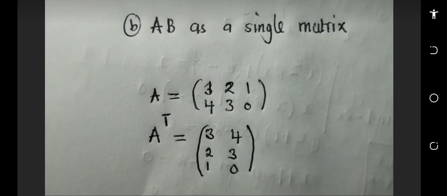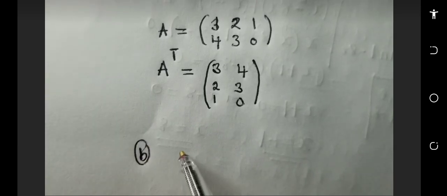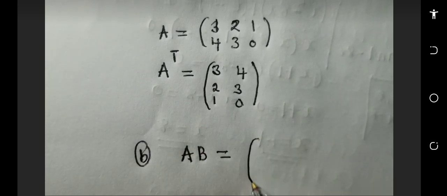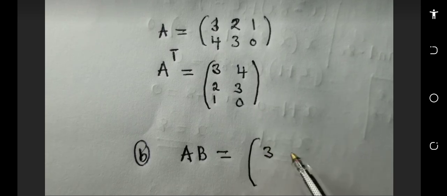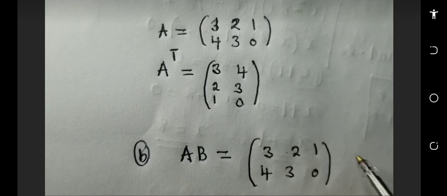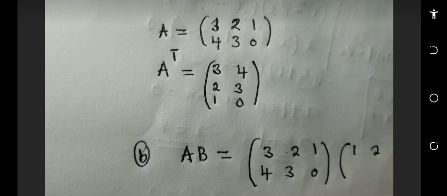So let me copy here. We're going to put B here, question B. So AB will simply be equal to, what is our A? Our A is 3, 2, 1. Here it's 4, 3, 0. And our B, it's 1, 2, 3.